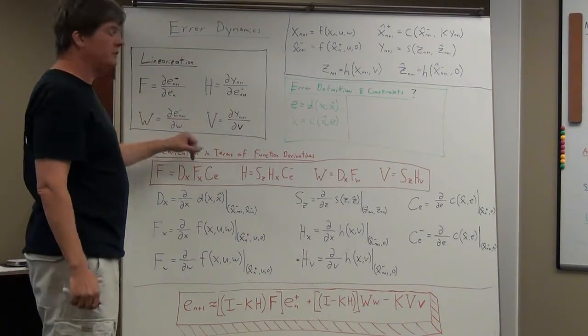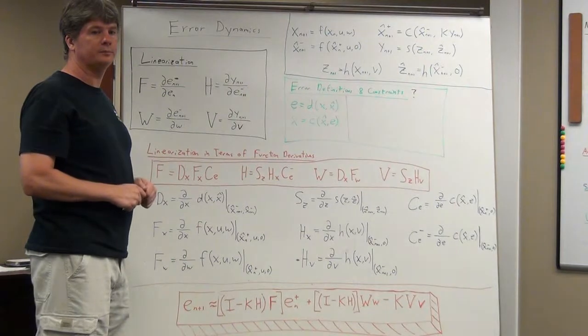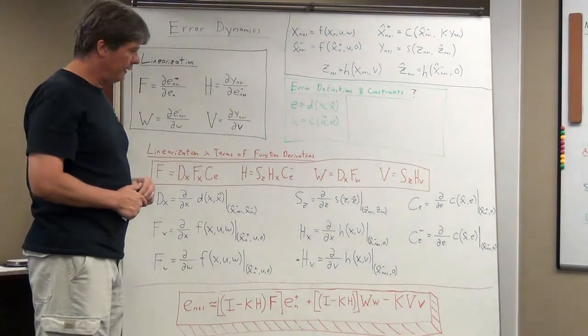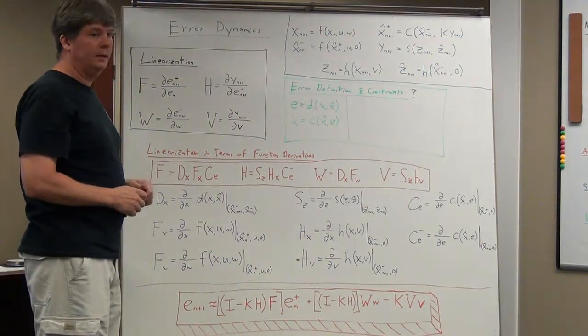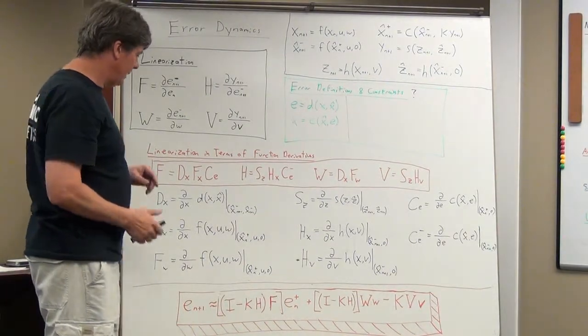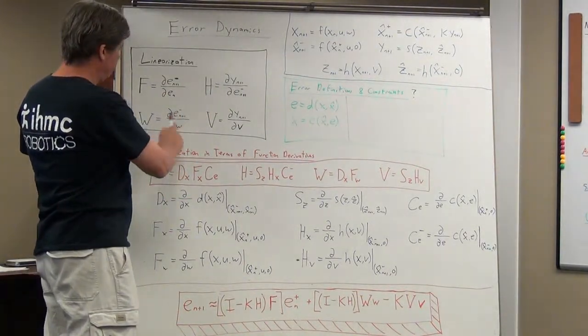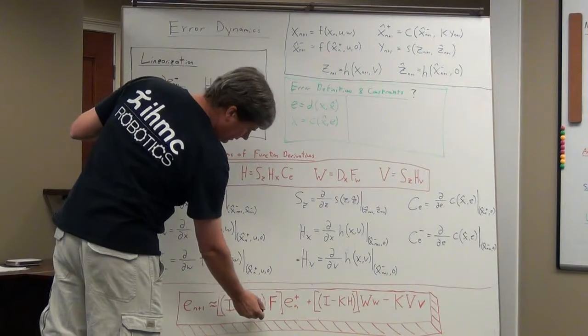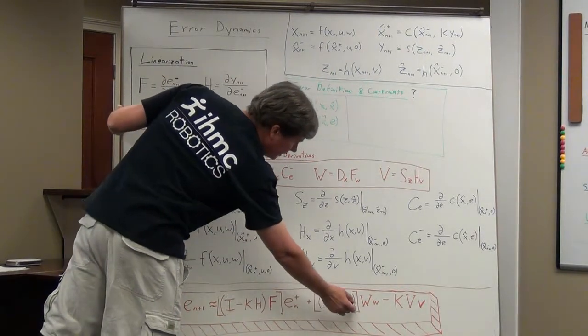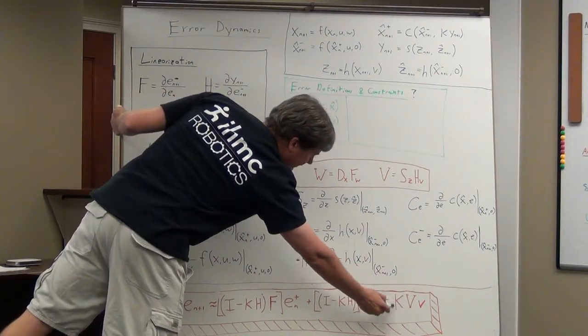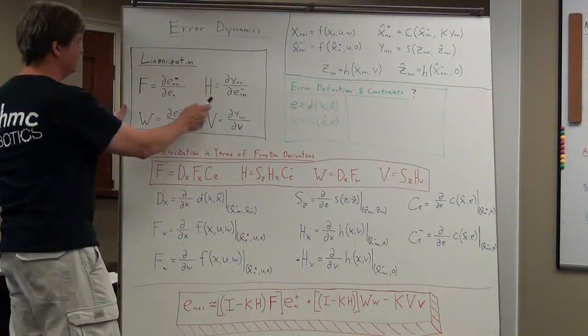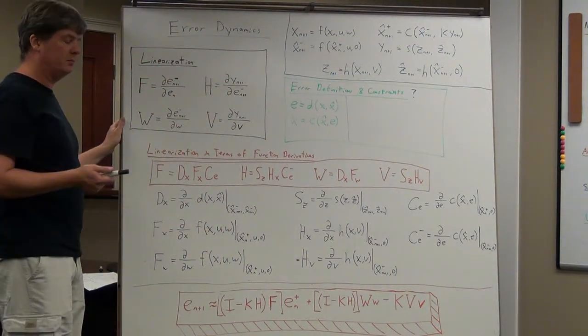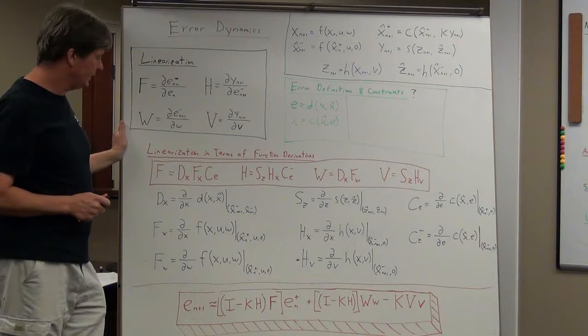Those are the four matrices, and all of them are recalculated on each step to keep the linearizations accurate. You have to recompute it every tick. They fit in here: F, H, W, and V. The only thing left is K, which is a function of these four matrices and prior knowledge of the state.